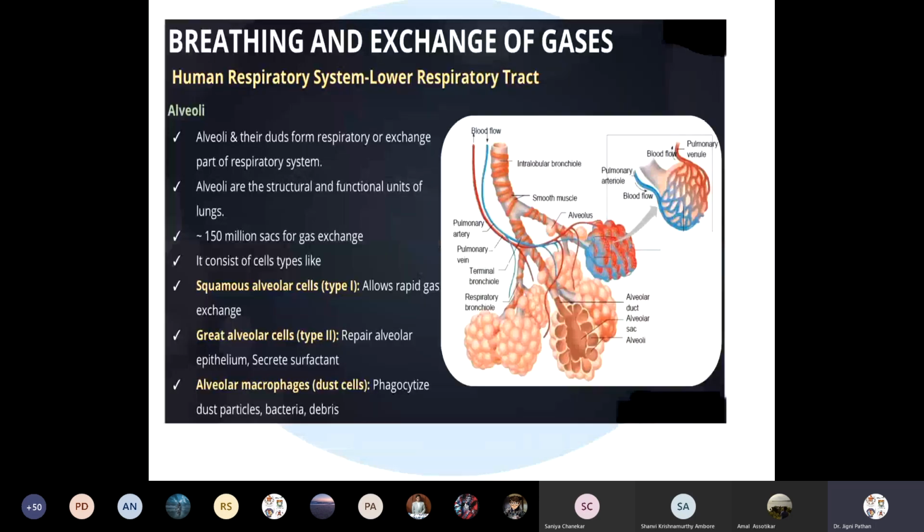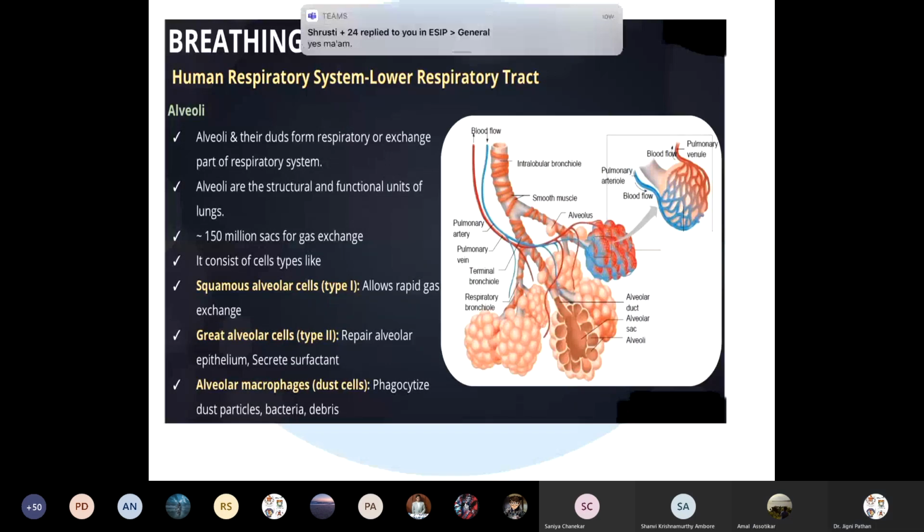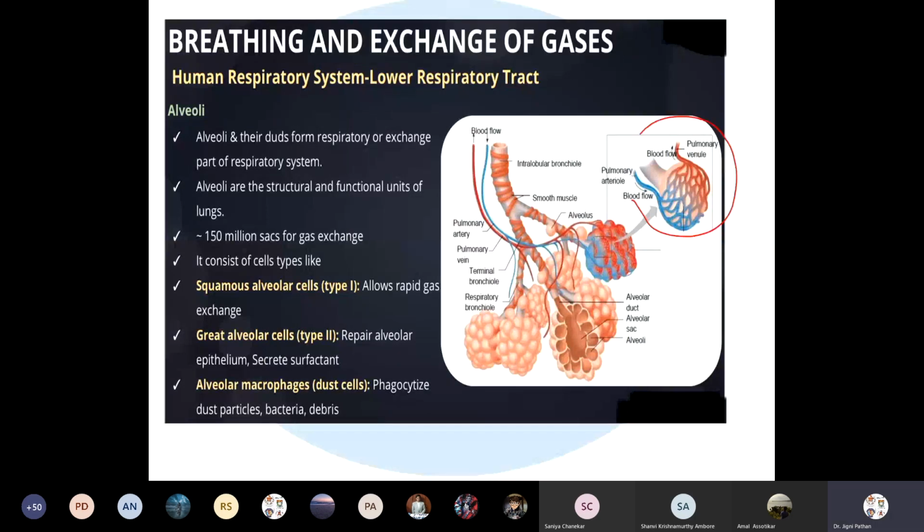Quickly say yes or no. Yes, ma'am. You can see how they are richly surrounded by blood vessels. That helps them for the gaseous exchange.